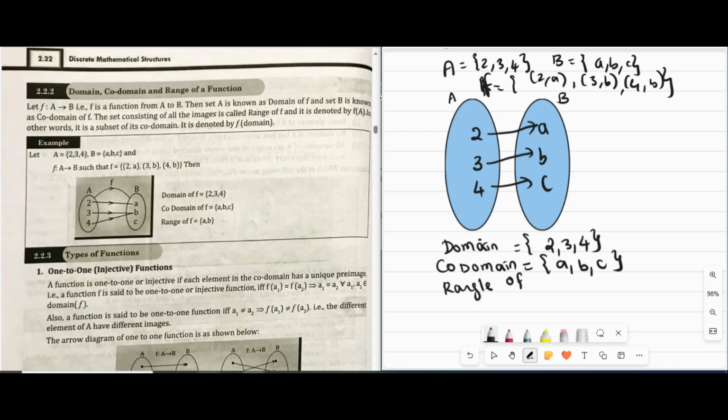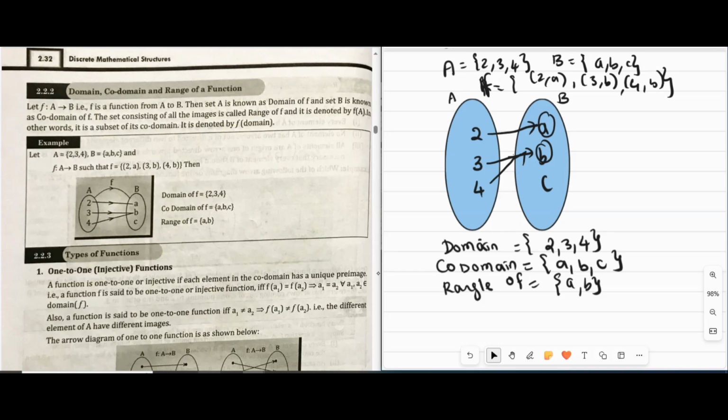Range of F. So here 4 is mapped to b, not to c. So the range will be a and b. The image that we get will be the range.